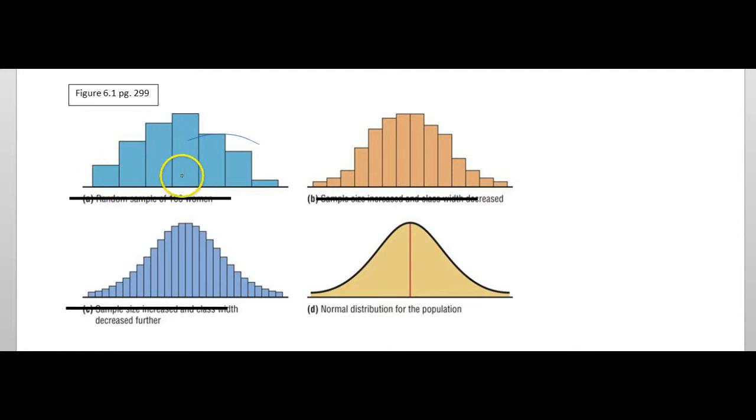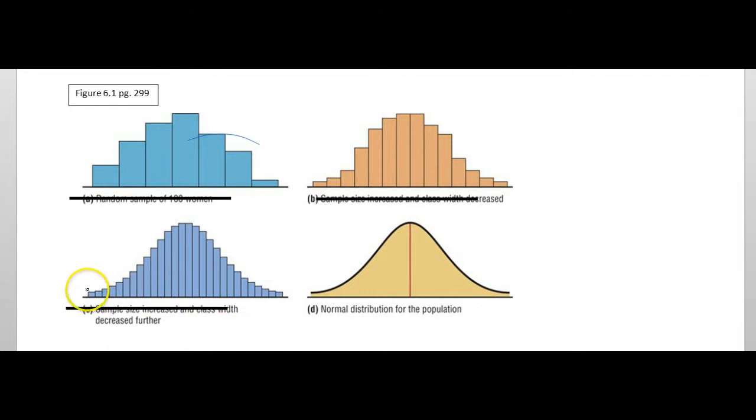And again, if you look at the histogram maker and play with increasing the number of bars or the number of classes, notice that it's still jaggedy, but it's resembling a normal curve more and more, and even more with more classes.